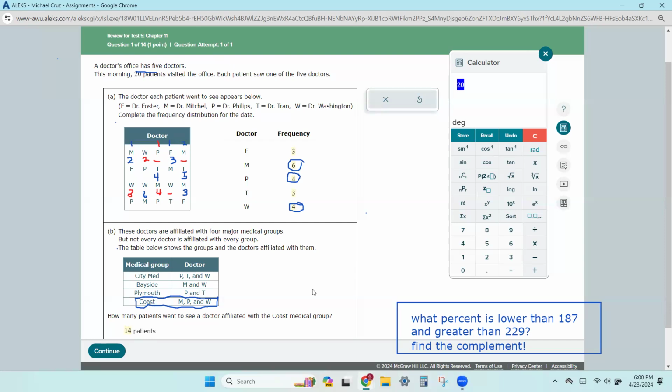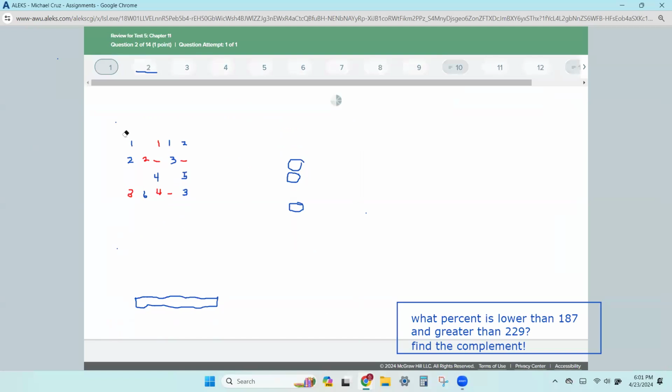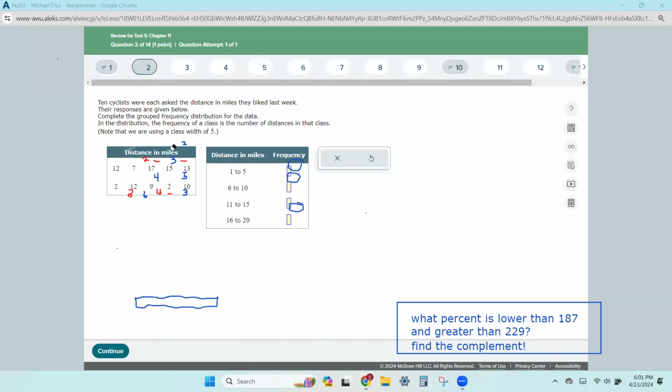All right. Let's look at the next one. Same kind of thing, except now this is what they call grouped. It's got full classes 1 to 5.